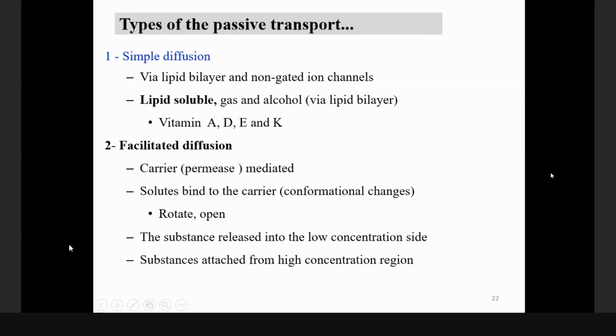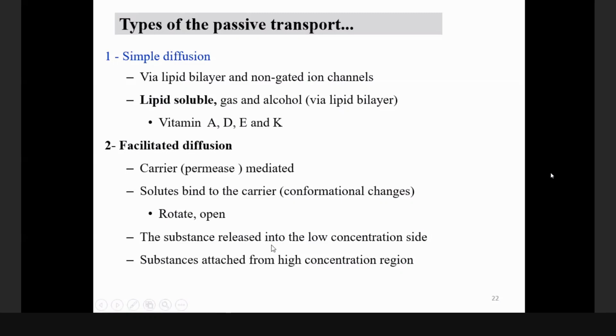Once the substance that needs to enter or leave the cell binds on the binding site on the carrier protein, there is a conformational change, like rotation or opening of the protein. The protein may rotate or may open, so that the substance enters or leaves the cell.